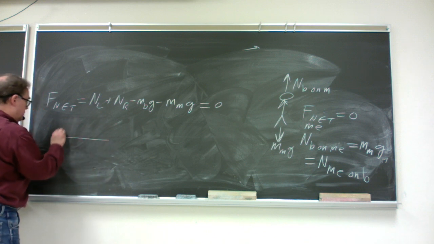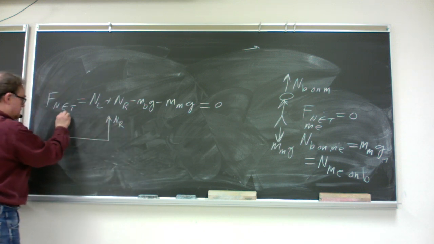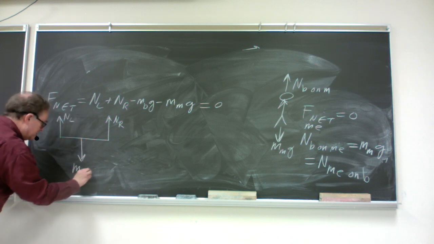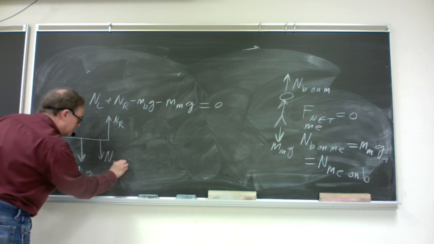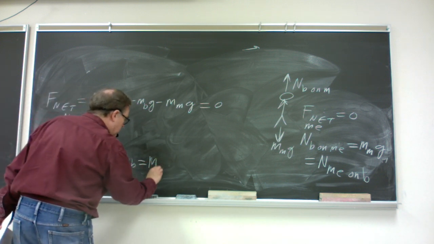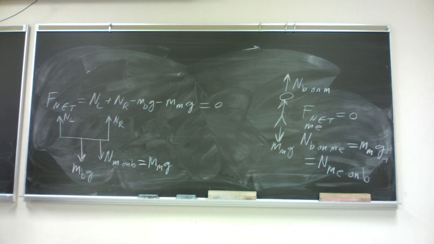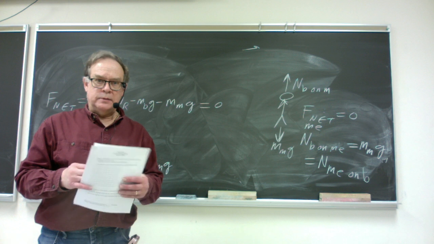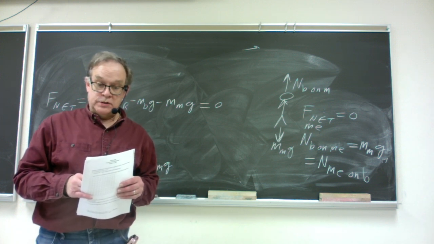I'm in equilibrium, so the net force on me is 0. Now let me redraw the forces again. Mass of the board times g, the weight of the board, and then the normal force from me on the board, but the strength of that is equal to my weight, which is my mass times g. Okay, now I want to solve for both of those normal forces.